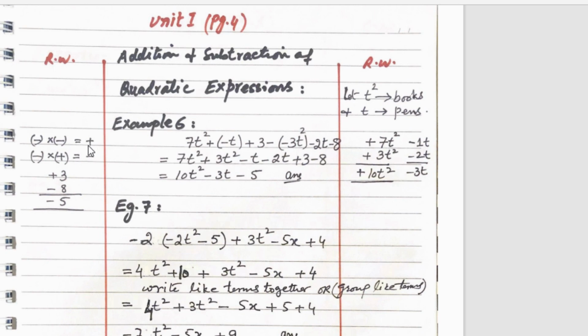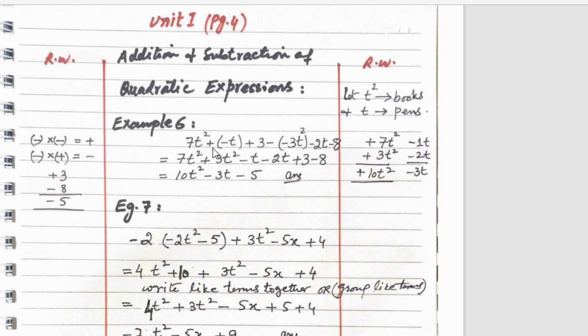It will give you only a change of sign. When minus is multiplied by minus, it will change into plus. When minus is multiplied with plus, you will get a negative sign. So many students do it like this: minus minus plus, minus plus minus, and so on. It means they understand what I'm saying.